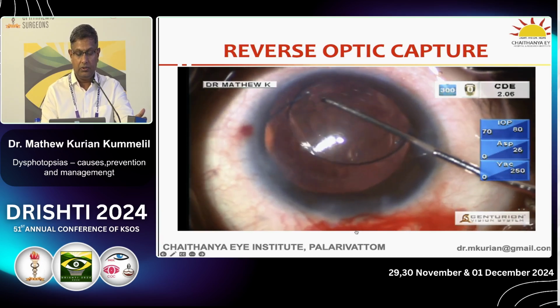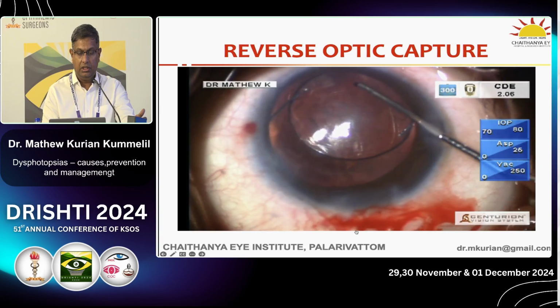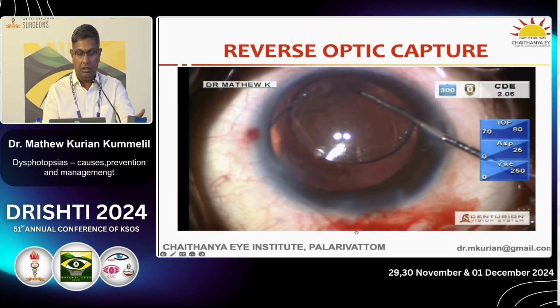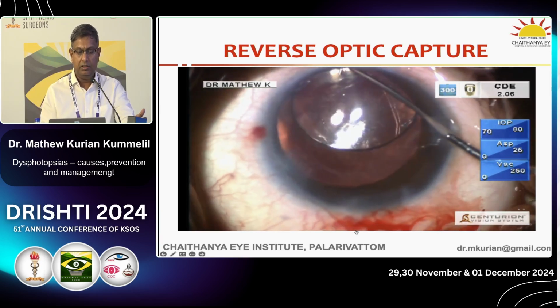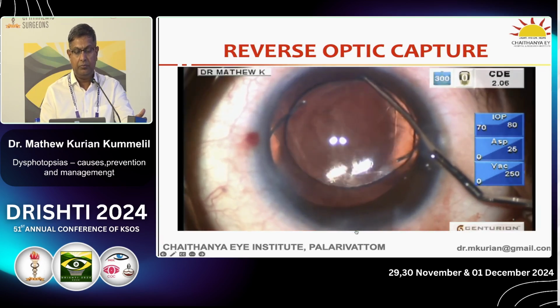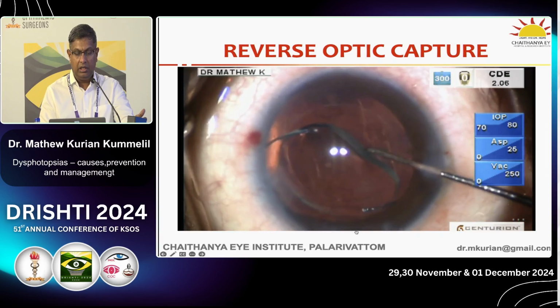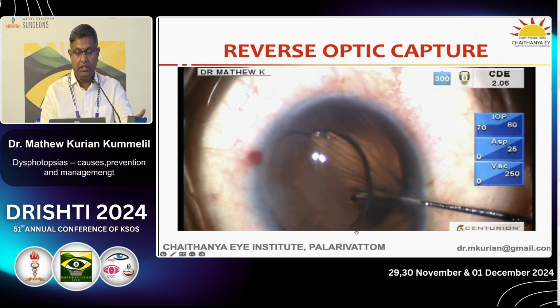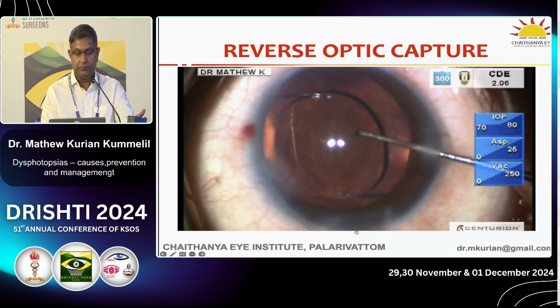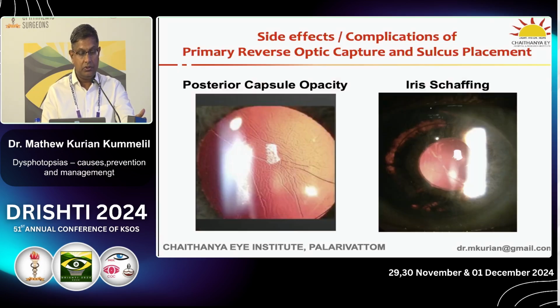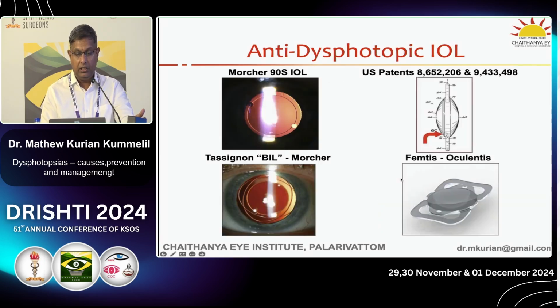Here, in reverse optic capture, at this stage you are hooking the optic and prolapsing it into the anterior chamber, and it is maintained in that position by the rhexis margin. Consequences of this are posterior capsule opacity and iris chafing. Several anti-dysphotic lenses are available in the market now, popular among which is the Bag-in-the-Lens from Morcher.